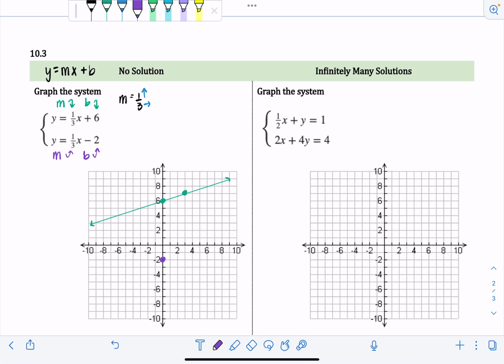And then my slope is the same, m equals 1/3. So rise on top, the numerator, is up 1, run is right 3. From my initial point at -2, I would go up 1 and right 1, 2, 3. That'd be where I put my second point. And then from there, that's enough, I can go ahead and connect them.